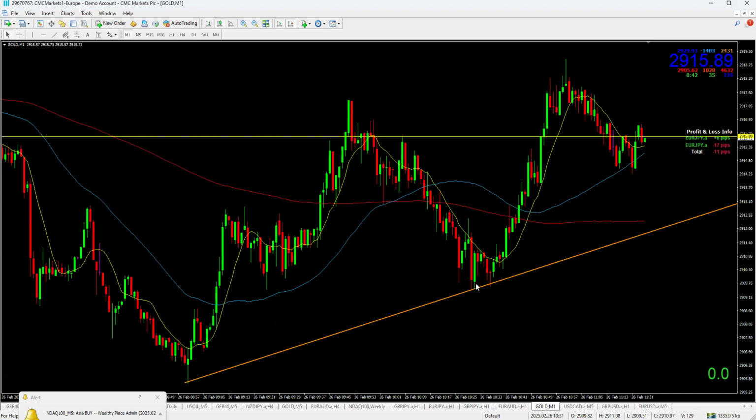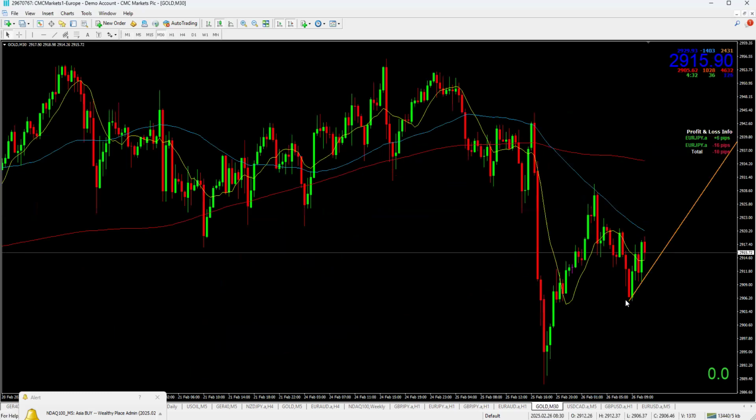If we check 2 or 3 time frames higher to see if it's an uptrend as well, we'll go to the 15 minute or the 30 minute. Let's go to the 30 minute. So we can see on the 30 minute, the price is pushing up.